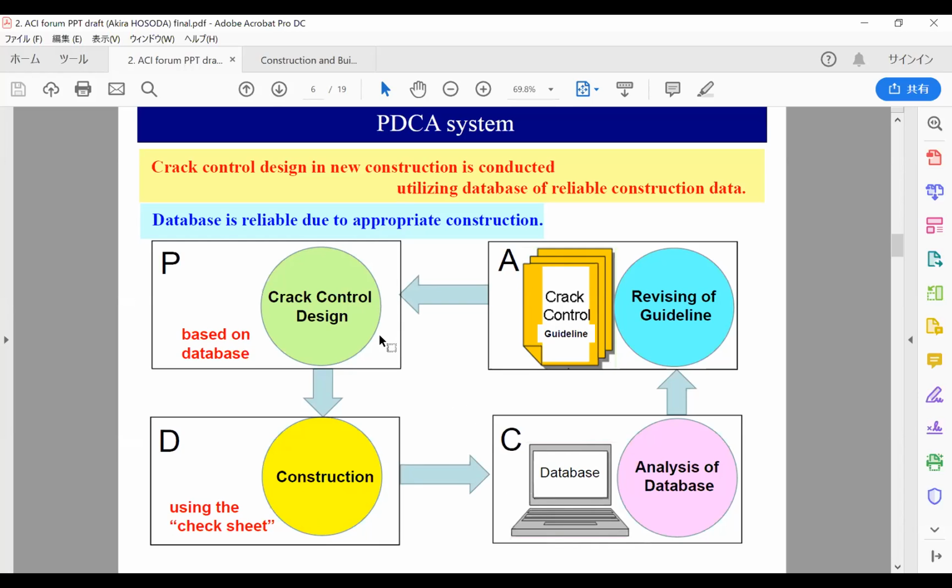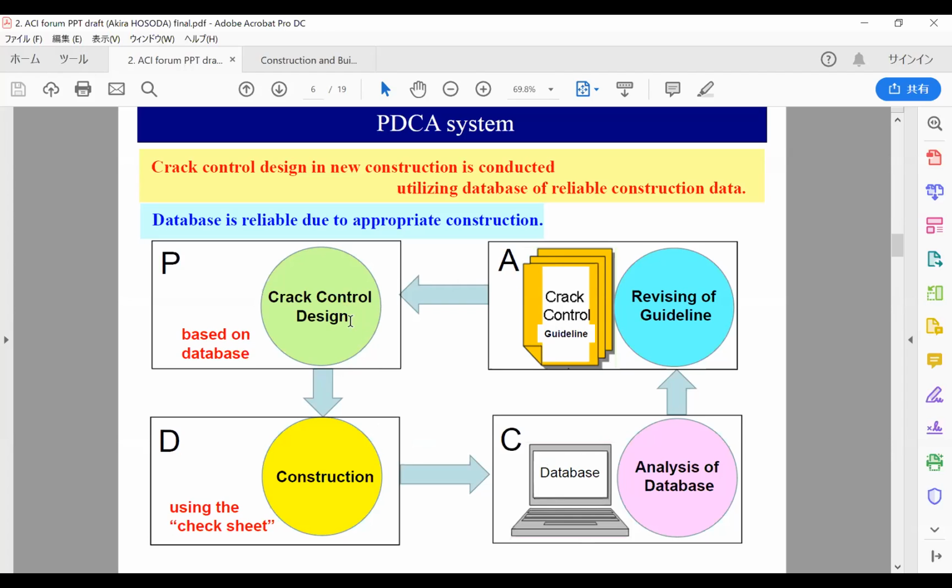Then what could they do? In the stage of designing, they could refer to the database, the past results of their own construction. Maybe you can imagine: from now we will start constructing one abutment. We can refer to past data with the same size or same season, for example.